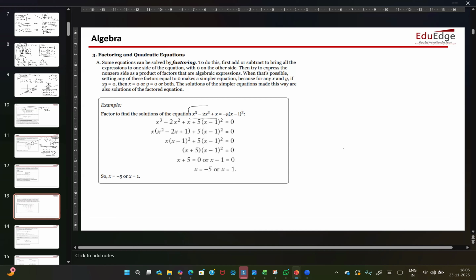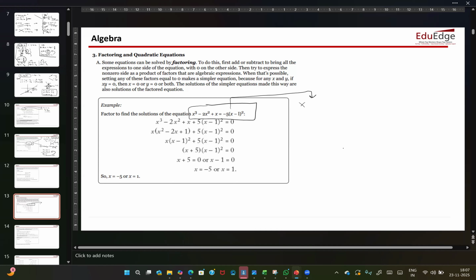Suppose we have an equation of this format. We will collect all the common terms together. But the question is how? For this, we will write the LHS. If you clearly observe, you can take x common.